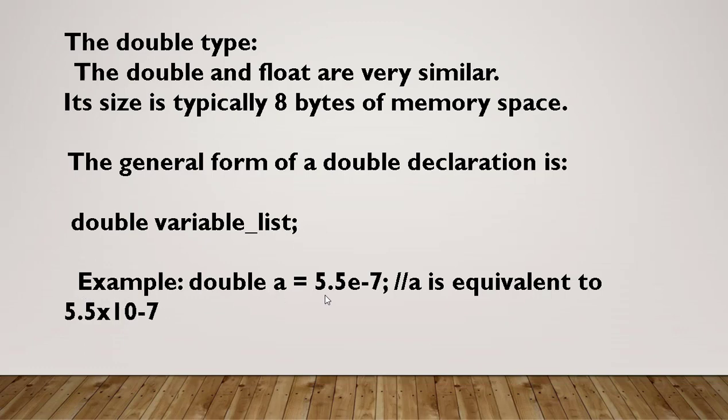Example: double A = 5.5e minus 7. This is an exponent form, that is, A is equivalent to 5.5 into 10 to the power of minus 7.